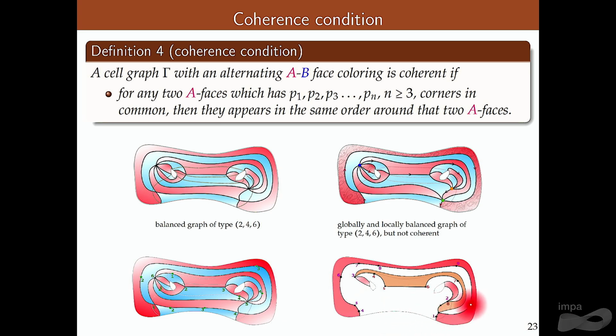So traveling around one face we will have to label this vertex 2, and from the other face 8. That is the inconsistency that appears when you don't have the coherence condition.